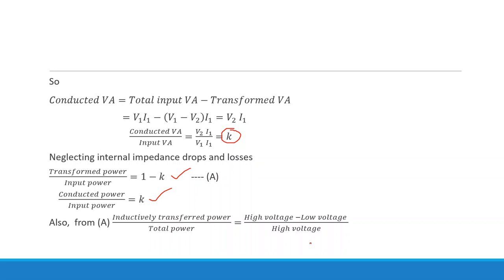So I think a few things are clear to you, that in case of auto transformer, some of the power is transferred due to transformer action, and some of the volt ampere is transferred due to conduction. Okay, but this is not the case with the two winding transformer. So please remember this in case of auto transformer.